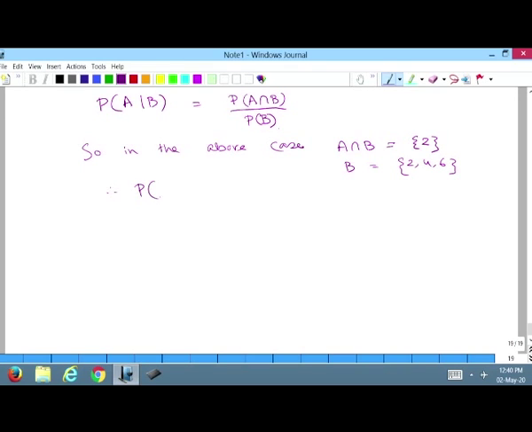Therefore, probability of A given B is equal to probability of 2 divided by probability of 2 or 4 or 6, which is 1 by 6 divided by half, equal to 1 by 3, which we have obtained. So, this is the basic knowledge of conditional probability.